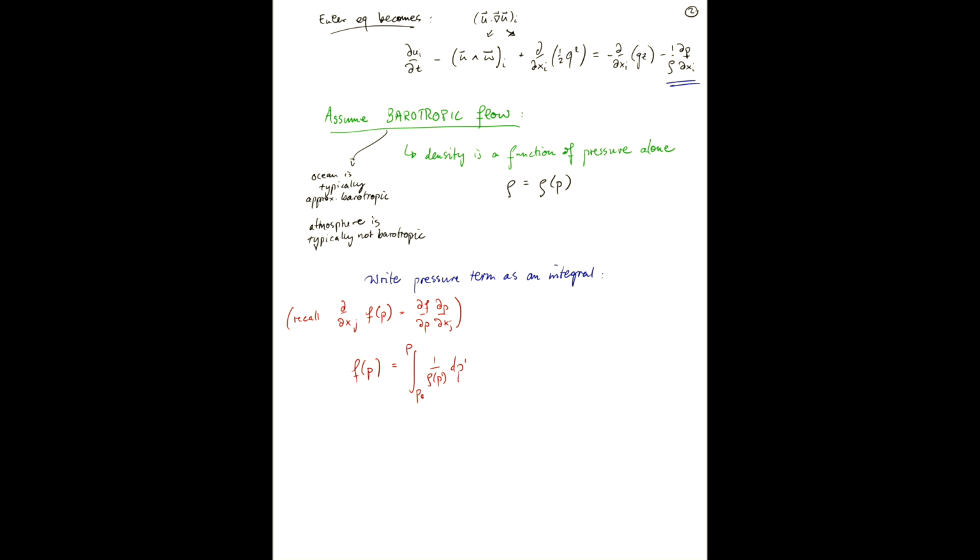And so let's just note here df dP is 1 over rho of P in this case.